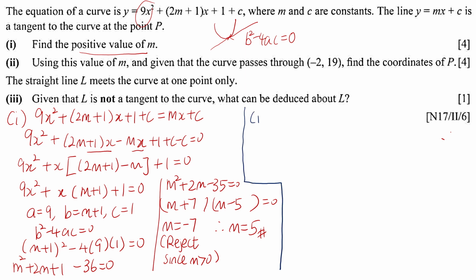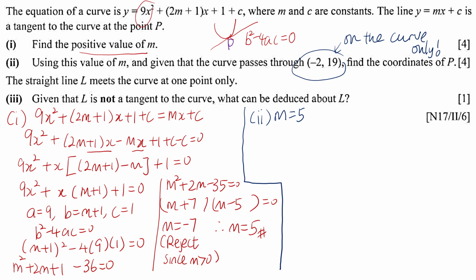So for part 2, using this value of m, which is m equals to 5, we have a curve that passes through this point. Remember, this point is on the curve only. Right, we are asked to find the coordinates of p. So p is here. So the coordinates of p means we need to find the x coordinate and the y coordinate.